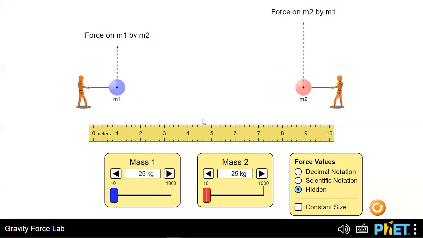So we are going to calculate now the force acting on M1 by M2, and the force acting on M2 by M1. You're going to notice that the arrow is much smaller compared to the ones that we have before we do this activity.